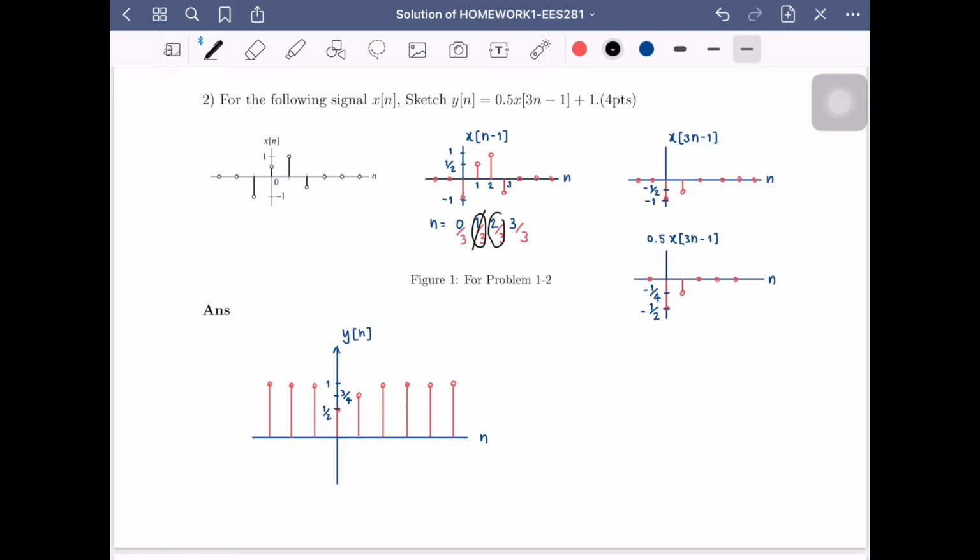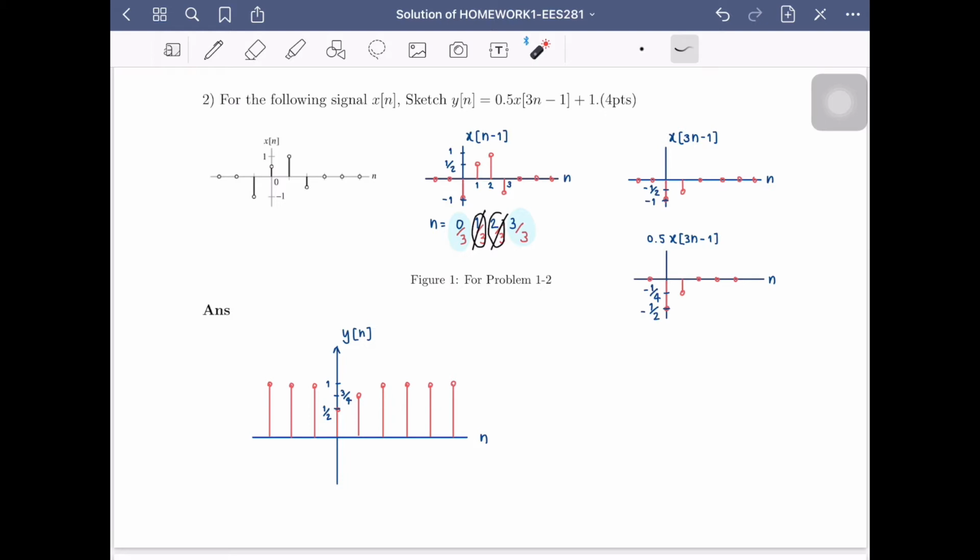Then we cut them off, so we have only 2 left, when n equals 0 and n equals 3 over 3, which is 1. Then we have the signal x[3n minus 1] like this.